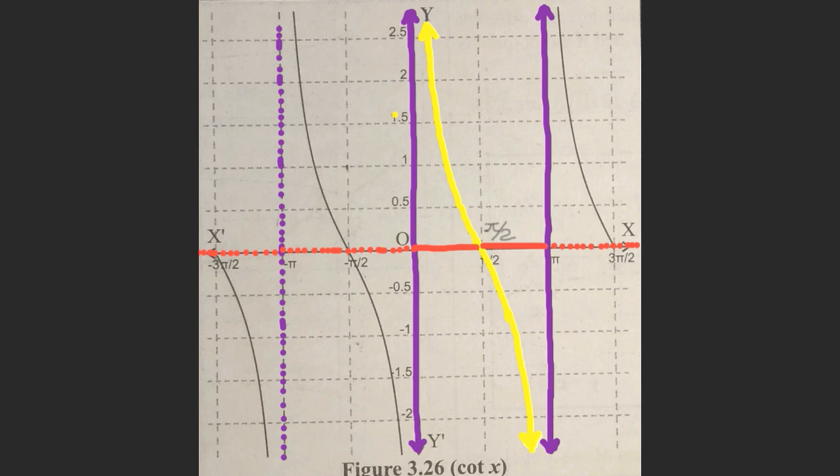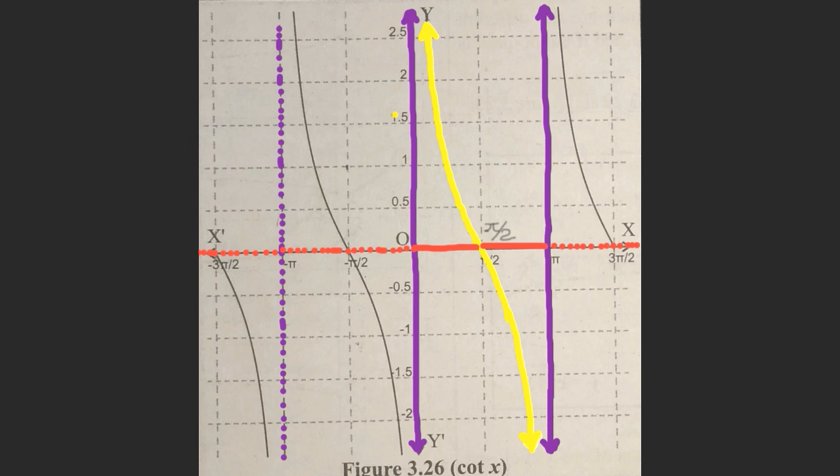Here, yellow line indicates some part of cotangent function and it indicates that this graph tends to positive infinity, also towards negative infinity. Therefore, the values of y are all real numbers along y-axis.